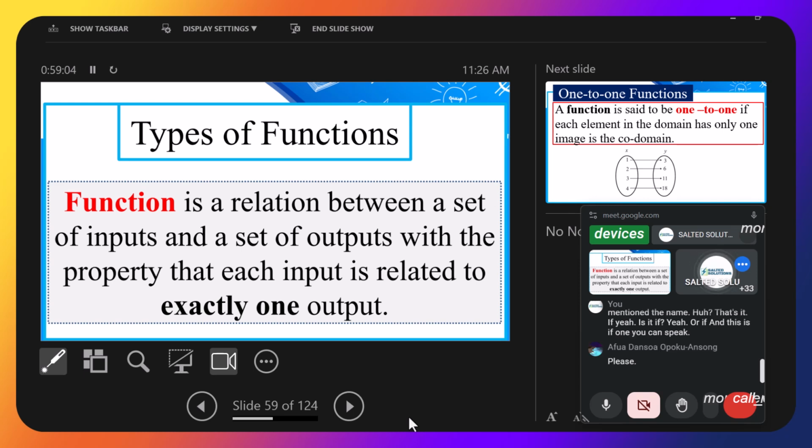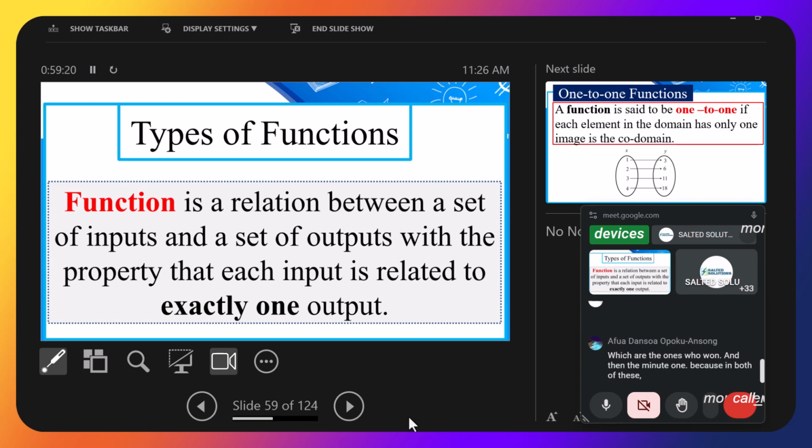So I think there are two functions, which are the 1 to 1 and then the many to 1. Because in both of these ones, each element in the domain is matched to exactly one element in the codomain. Okay.